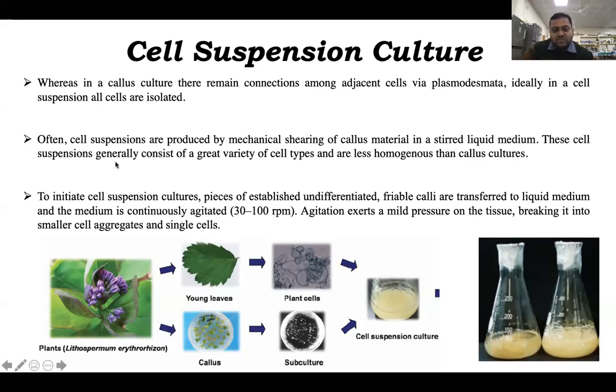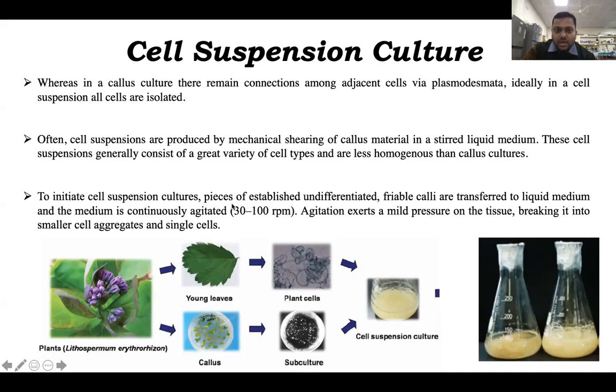Now, these cell suspensions generally consist of a great variety of cell types, and they are less homogeneous than callus cultures, because callus is originating from a single plant tissue. So callus cultures are more homogeneous, but in these cell suspension cultures, different cells are clumping together, so they might not be as homogeneous. But they are still quite routinely used, mainly in bioreactors. We call these cells biofactories.